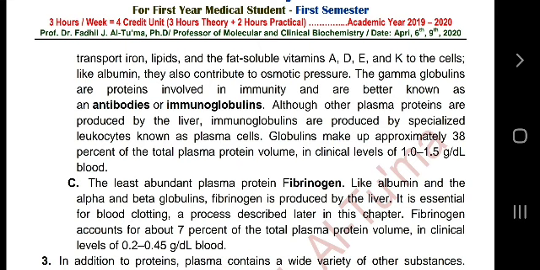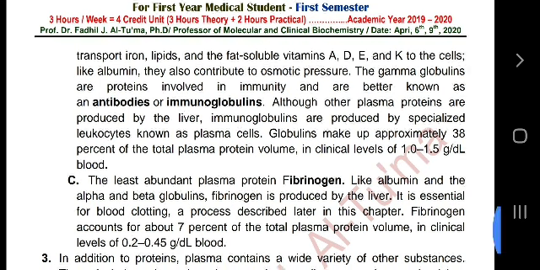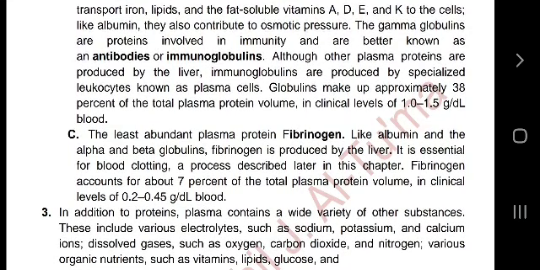It is essential for blood clotting, a process described later in this chapter. Fibrinogen accounts for about 7% of the total plasma protein volume, roughly 0.2 to 0.45 gram per 100 ml of blood.